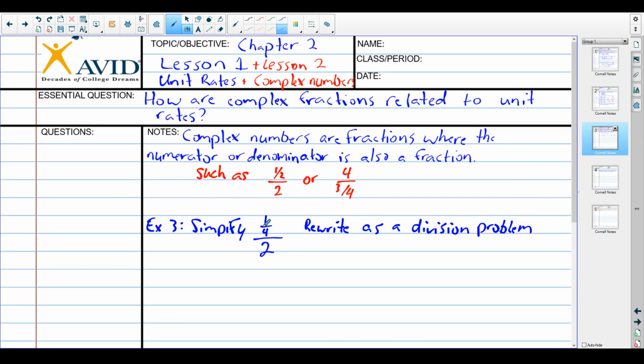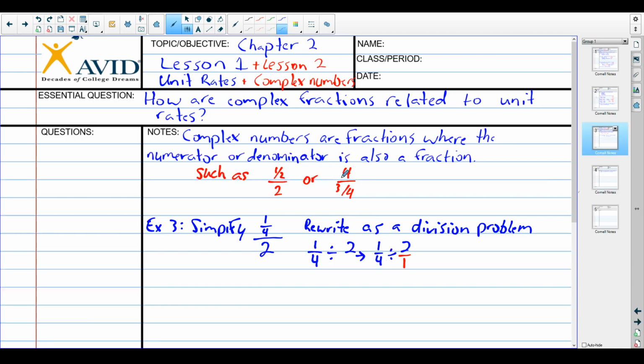So we think of it as 1/4 divided by 2. And then instead of writing it as a fraction, we're going to rewrite it like we would write a division problem. So we're going to put 1/4 over here, divided by 2. Okay? And then we can do it like we did at the end of the first chapter. We can make this a whole number. So 1/4 divided by 2/1. Anytime you have a whole number, you can write it over 1.